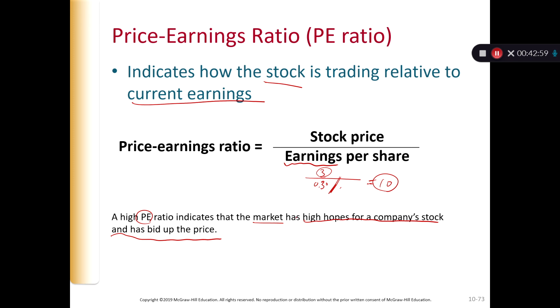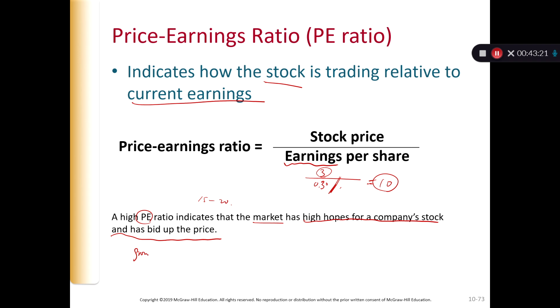The price earnings ratio is commonly in the range of 15 to 20. A high price earnings ratio indicates that the market thinks highly of the company's potential, or has hopes for the company's stock to go up. Growth stocks are stocks whose future earnings investors expect to be higher.